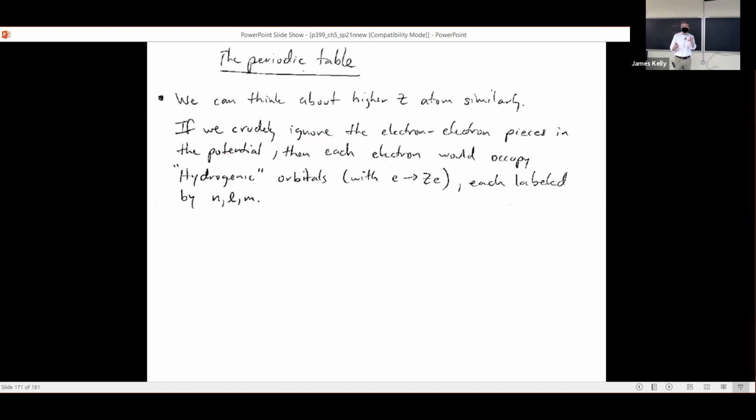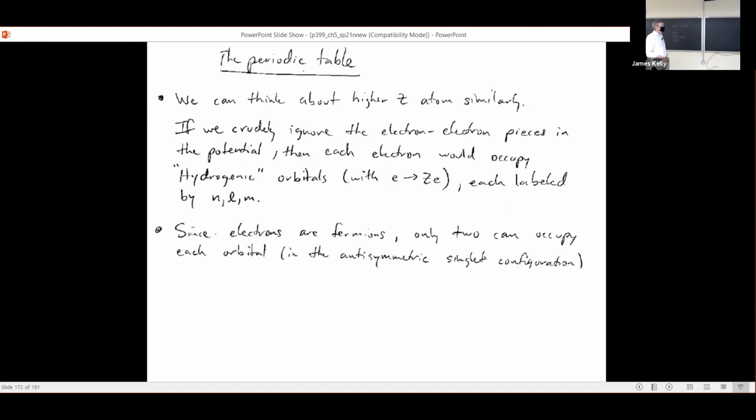Slightly different because there's 6 protons at the origin rather than just 1, but other than that, we're ignoring all the electron-electron interactions. And therefore, in our original formula, everywhere there was an e for the nucleus, we just replace it with Ze if we're considering an atom with atomic number Z. And we'll label them the traditional way with n's, l's, and m's.